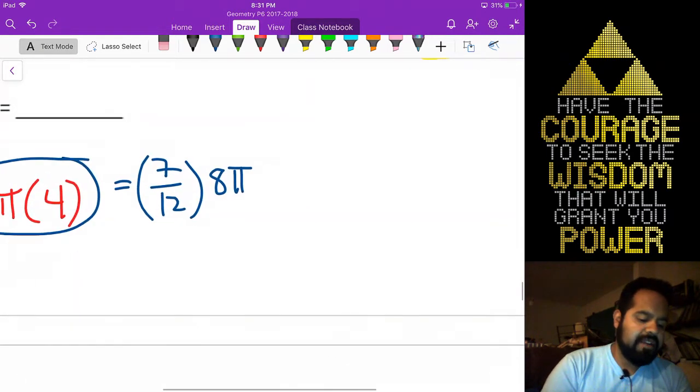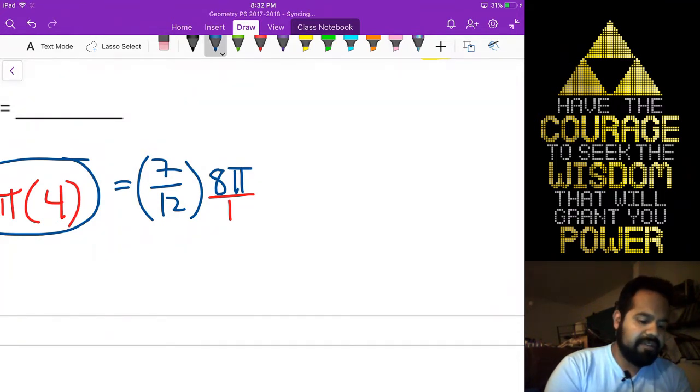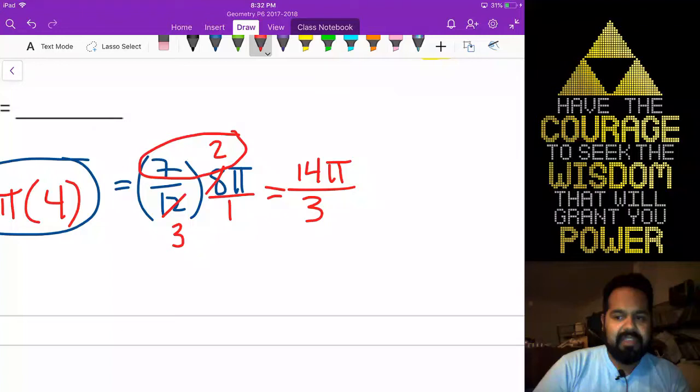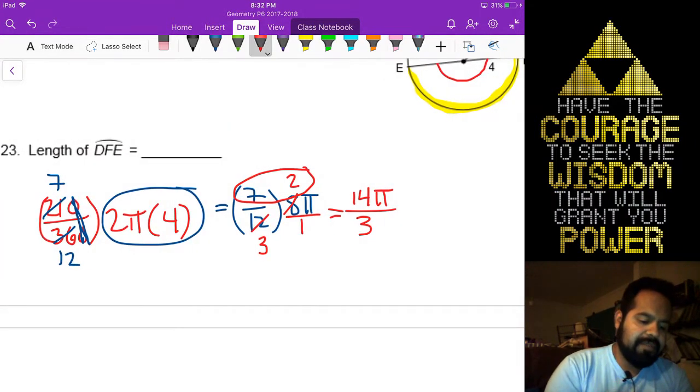So then from here, you can actually reduce the 8 pi with the 12 because they're both even, and 4 goes into both. So we can divide them both by 4. So then I have 7 times 2, which is 14 pi. And then on the other side here, I have my 3. So your answer for this one is going to be 14 pi over 3, or 14/3 pi.